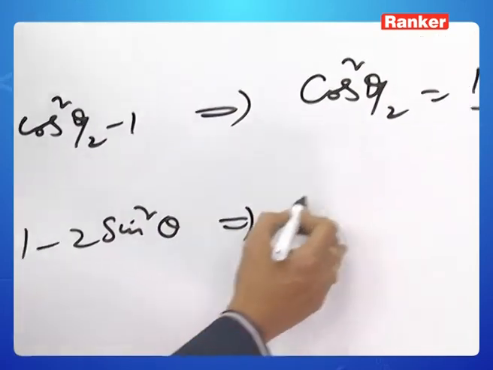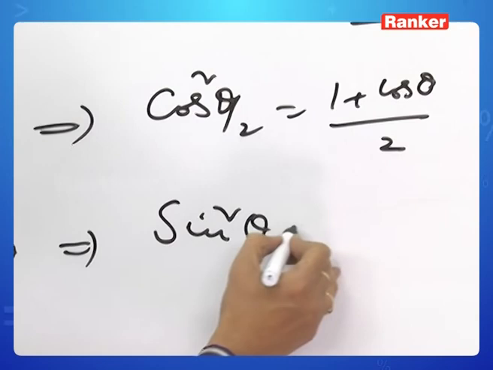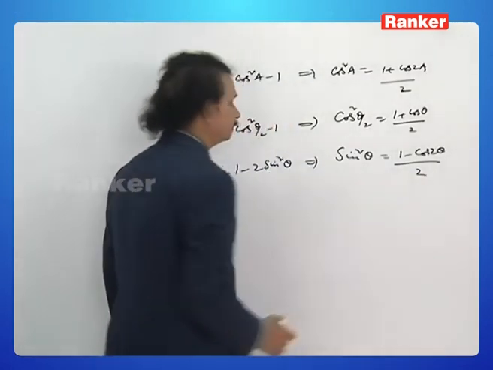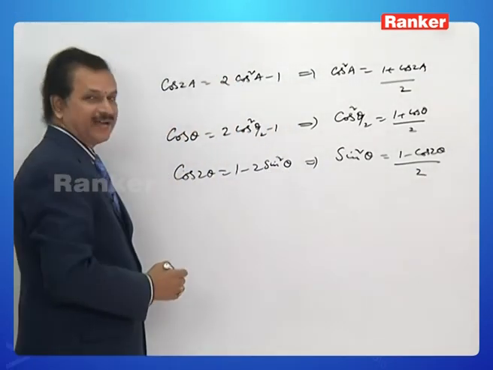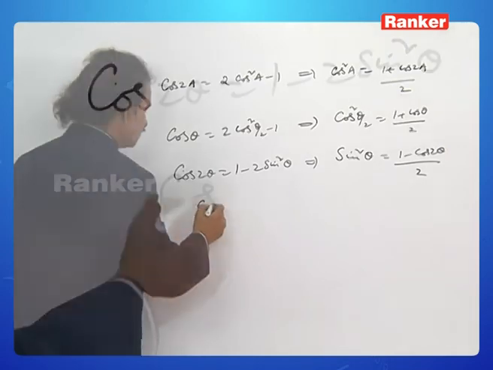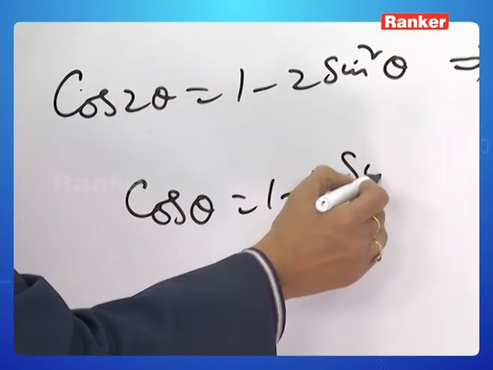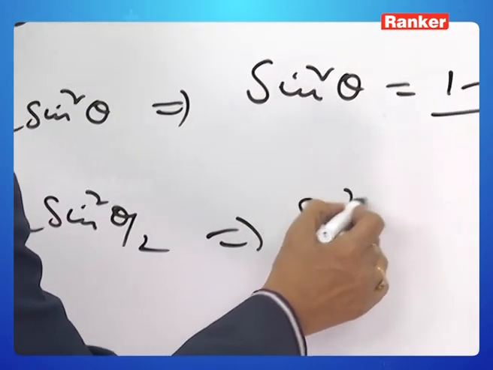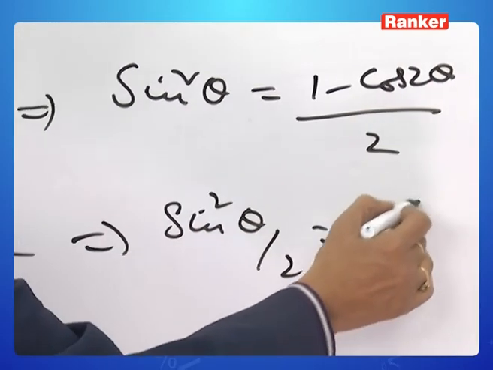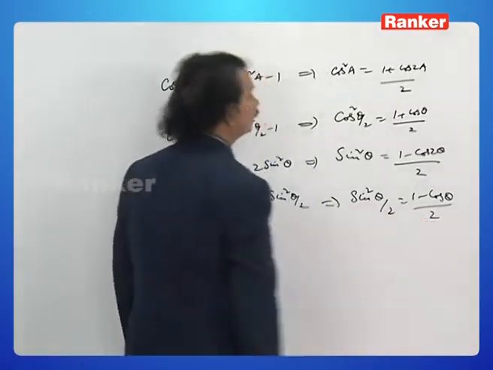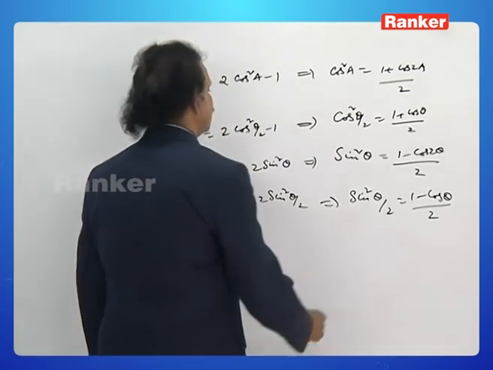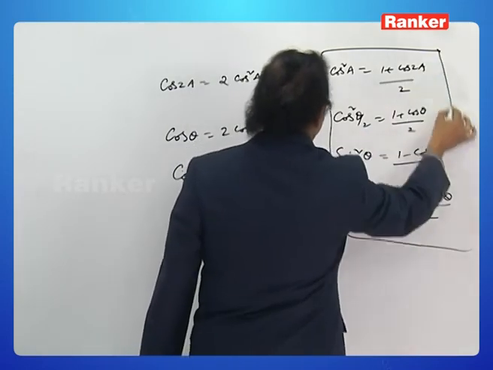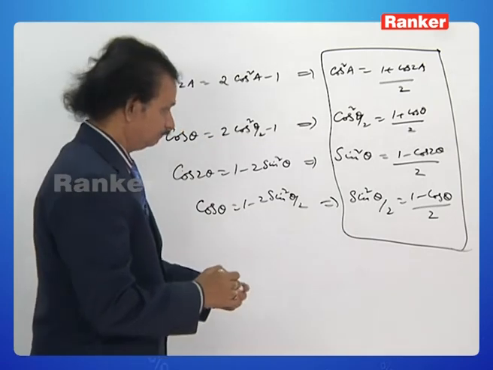From this we have sin square theta is equal to 1 minus cos 2 theta by 2. Again, if you write theta by 2 for theta, you have cos theta is equal to 1 minus 2 sin square theta by 2. From this, sin square theta by 2 is equal to 1 minus cos theta by 2. Yes, these are beautiful formulae which are very much useful in our future.